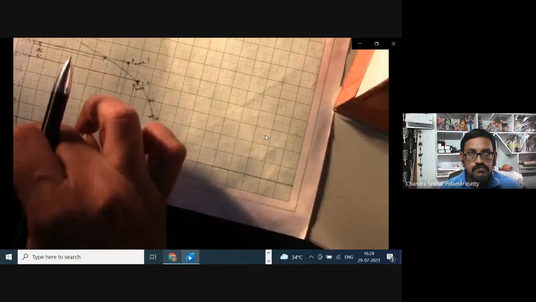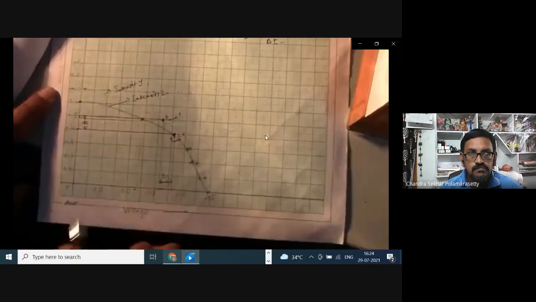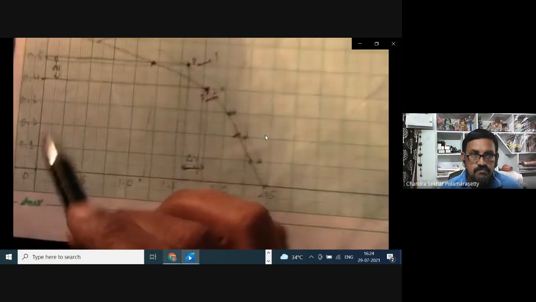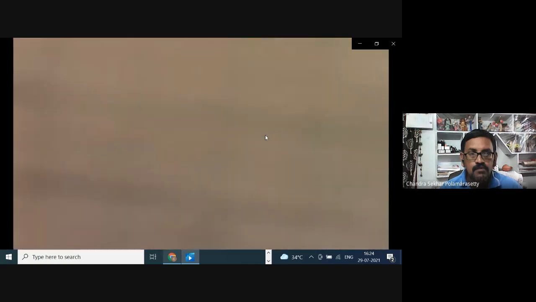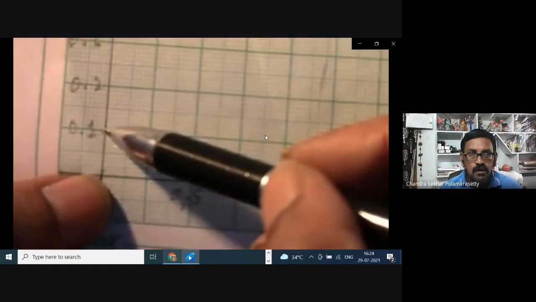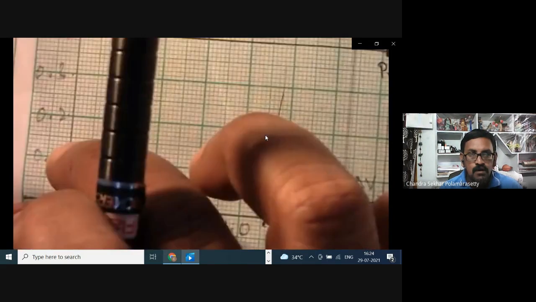Right. Next, you have to apply 1.5 volts. How to apply 1.5 volts? In this way, I apply 1.5 volts. The corresponding current is 6.5 milliamperes.